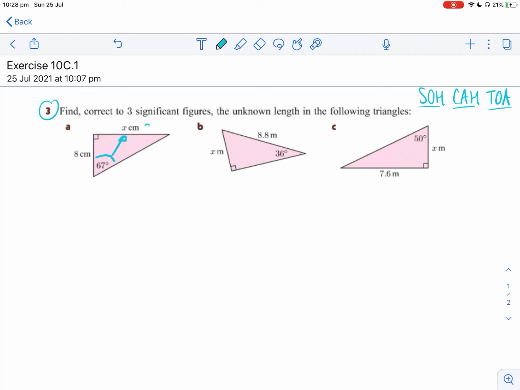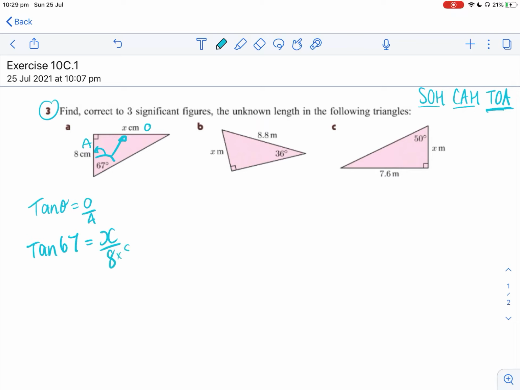So this x is opposite and 8 centimeters is adjacent. If I'm looking back up here, I've got opposite and adjacent, so I will be using tan theta is opposite over adjacent, which would become tan 67 equals x over 8.